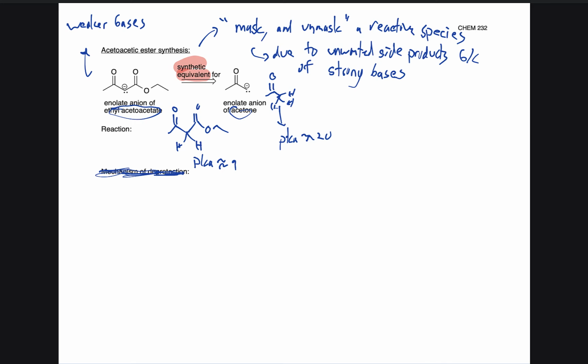So the reaction looks like this. We take our synthetic equivalent here, our acetoacetate ester, and we can use a weaker base. So we're going to use this ethoxide, which is one of the weaker base options we gave.